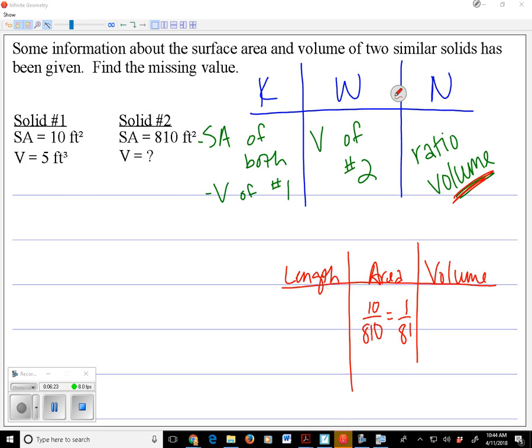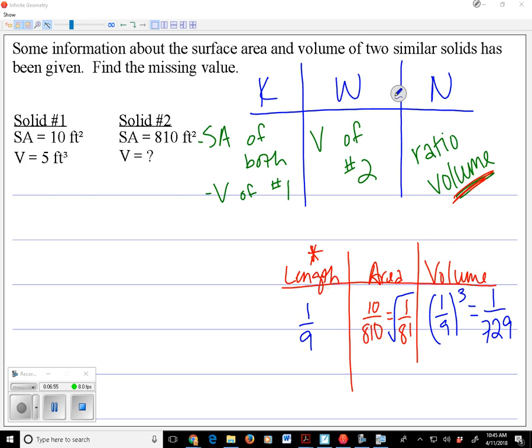I hope you said go back to the ratio of the lengths. Always go back to that base. Then you can easily cube it. So you take the square root of 1/81, which will be 1/9. And then we cube 1/9 to get the ratio of the volume, which will be 1/729. I know that's a big number, but it will work.